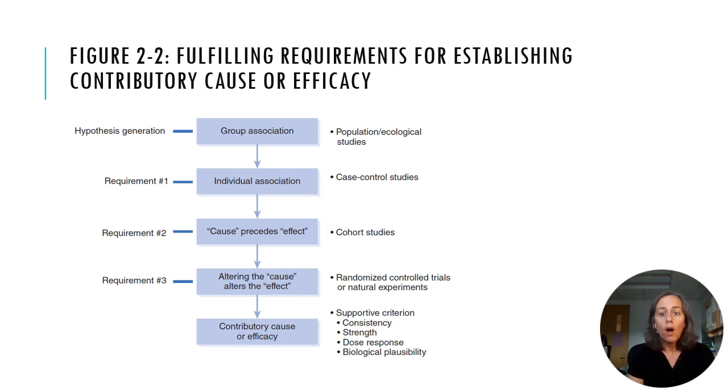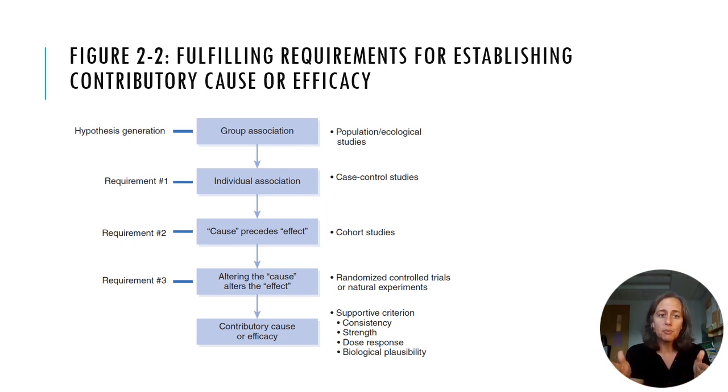Okay, so etiology. How do we establish contributory causes? Or conversely, how do we establish efficacy of interventions, which is kind of the flip side? So looking at things that help protect or reduce your risk of disease, we're going to use the same types of data. We're going to look for group associations to generate our hypotheses. Then we're going to see if the association persists at the individual level, usually with case control studies, looking at people who have the disease versus who don't and seeing what's different. Then we're going to look for the timing.